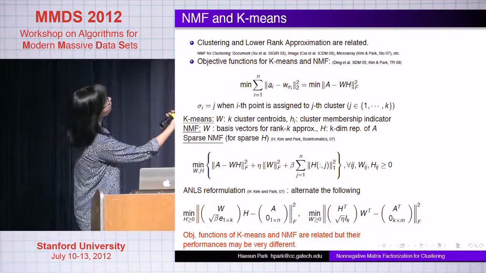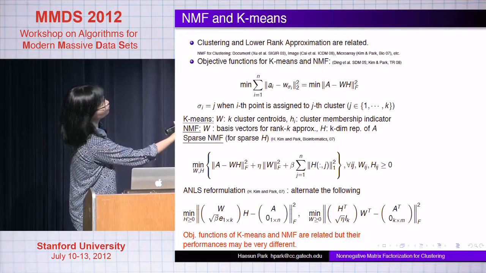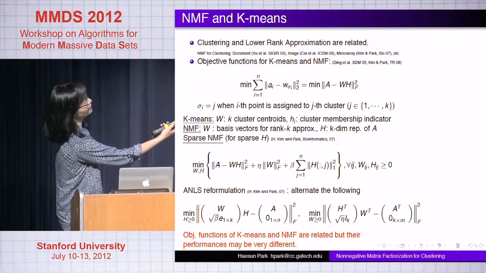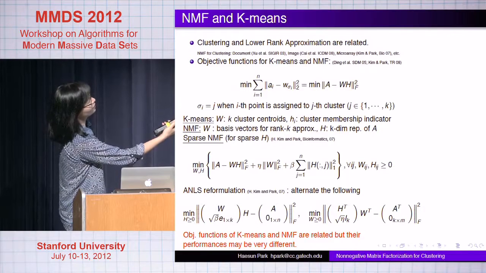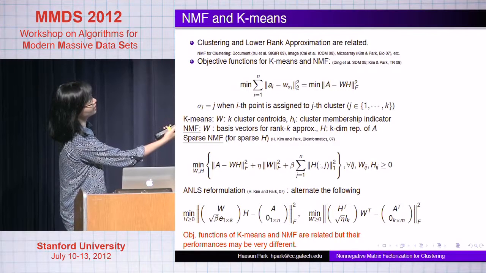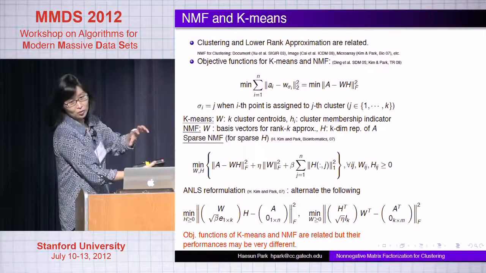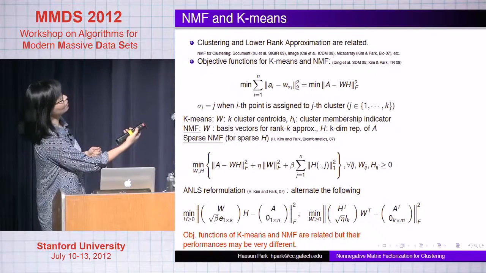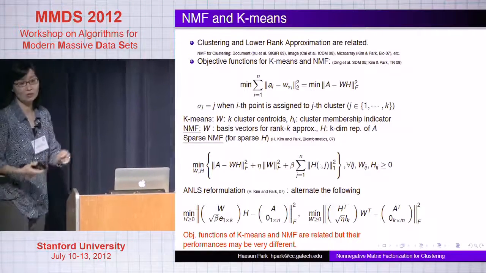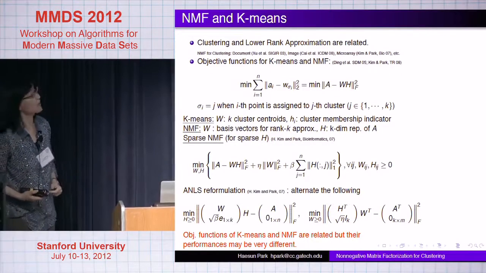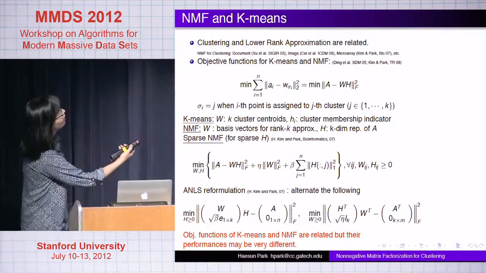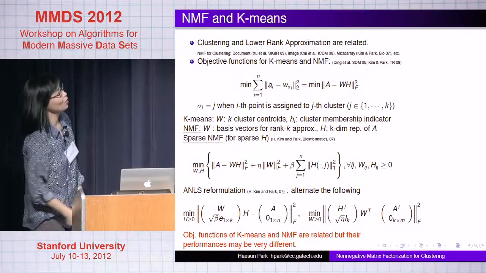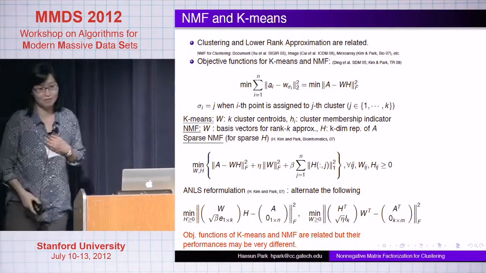To do that, we have this formulation and we put in a one norm. The one norm makes columns sparse, and then we put a square term here. Because we have this one norm based regularization on H, some components will become 0, and because of that, W can blow up. So we have a regularization term on W so that W does not become too big. Because of this one norm, it looks like the algorithm will become more difficult.